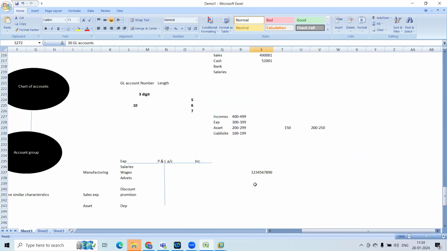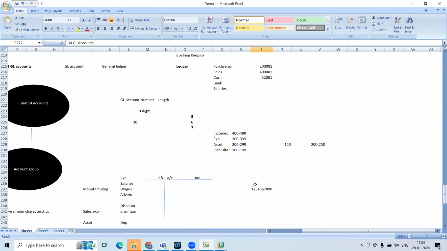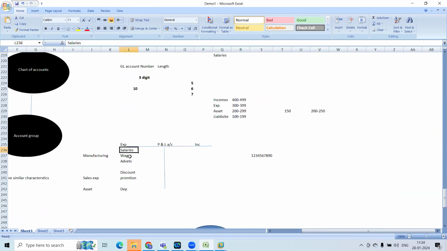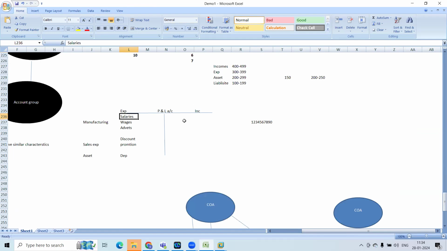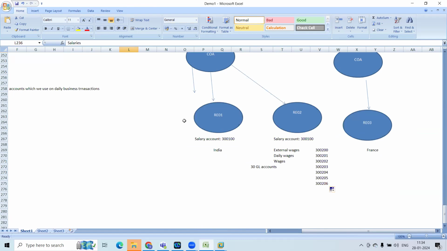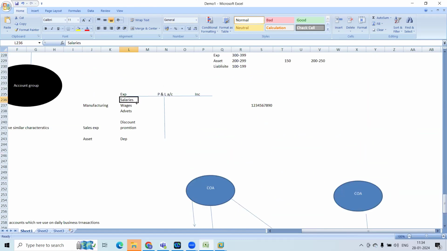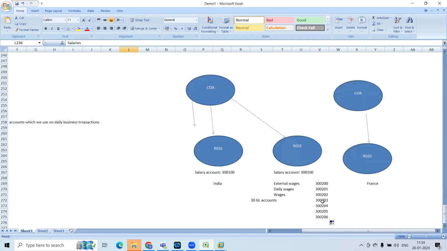Whenever you are doing the profit and loss account, salaries are there. But if you mention 30 accounts, will your profit and loss account be easy to read or analyze? No, right? See, your manager will not go and check in depth what my external daily wages are.